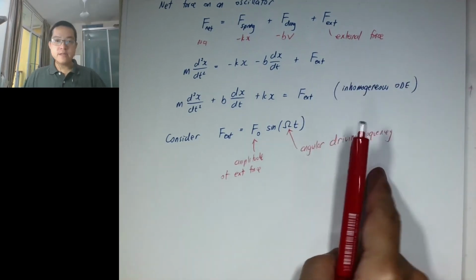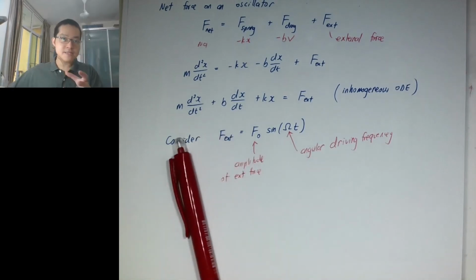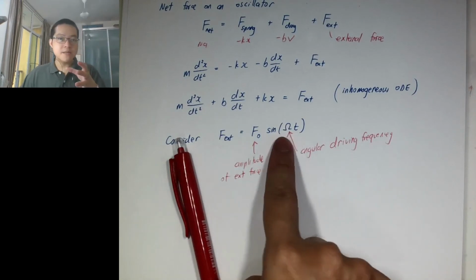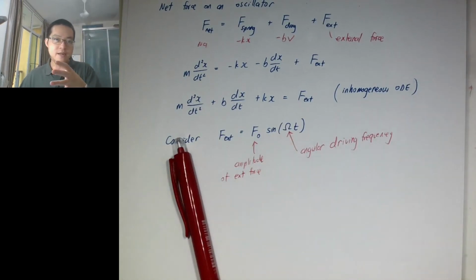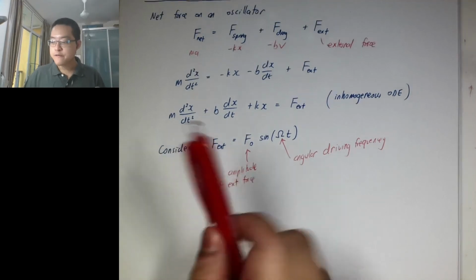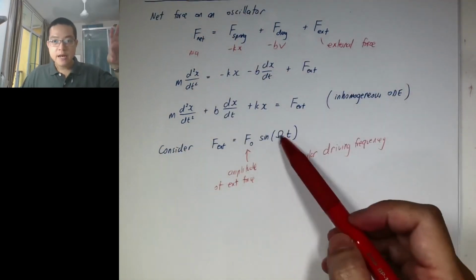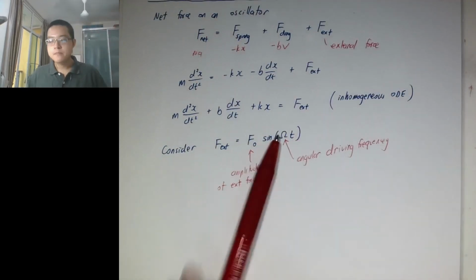What this external force means is that it is time dependent, so it is like periodically pushing on the box. The time dependence is sine omega t, so it has its own frequency as well. So there are two frequencies we want to talk about: the frequency of the oscillation and the frequency omega.